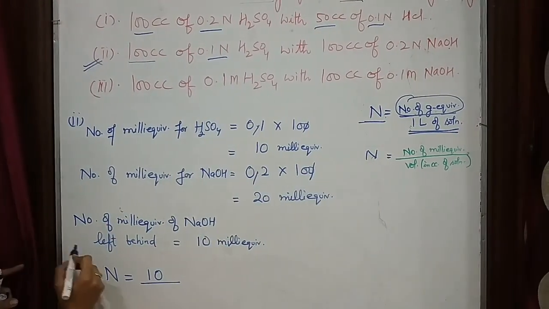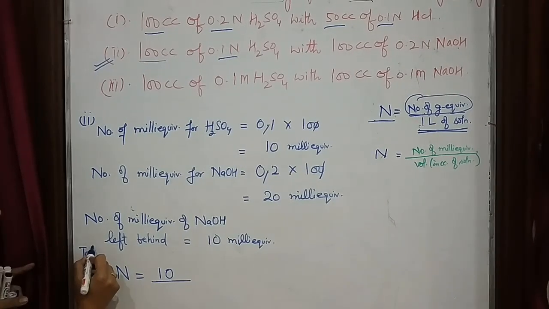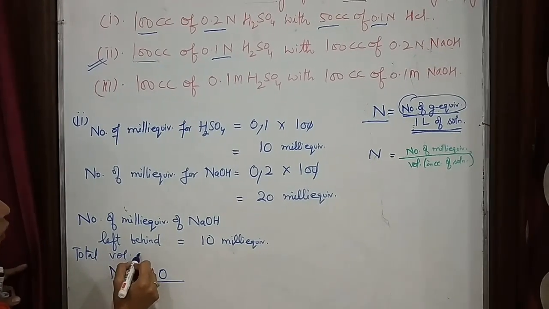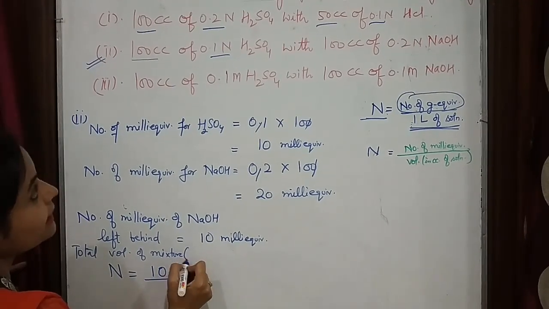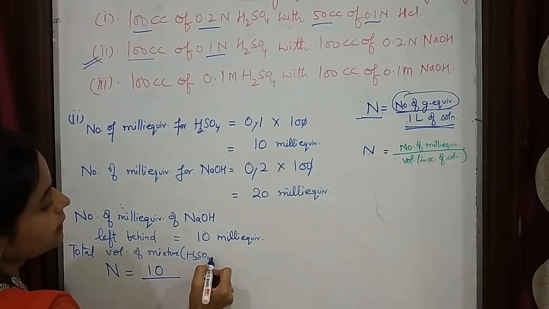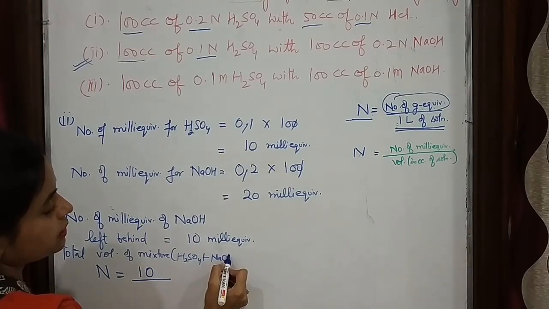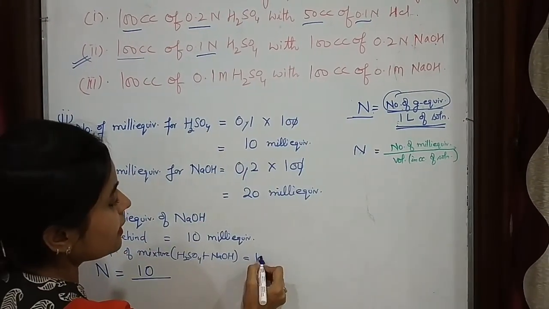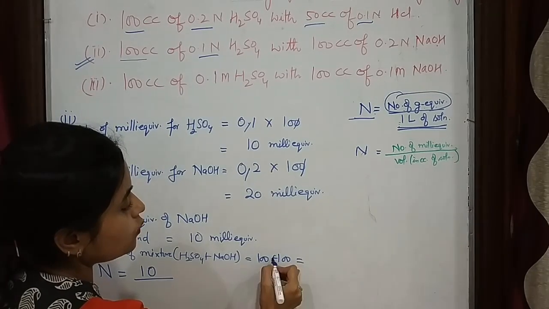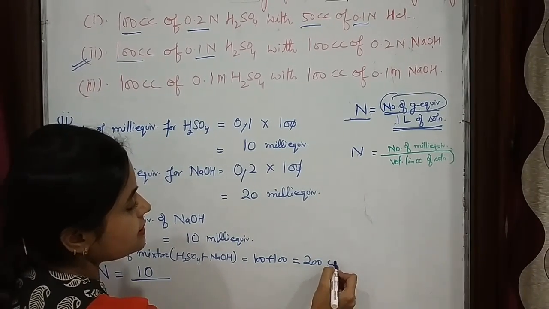Therefore, write here total volume of mixture, that is H2SO4 plus NaOH. It is 100 cc this and 100 cc this, that is 100 plus 100. It is equal to 200 cc.